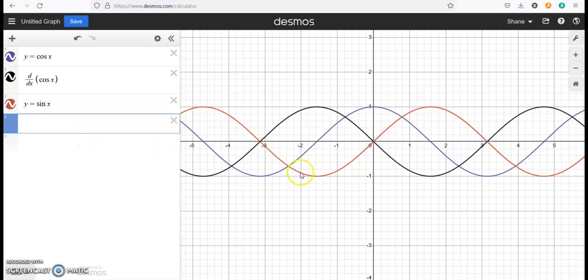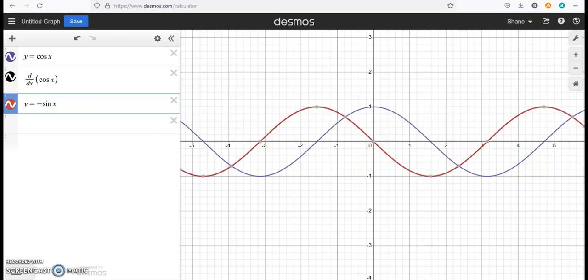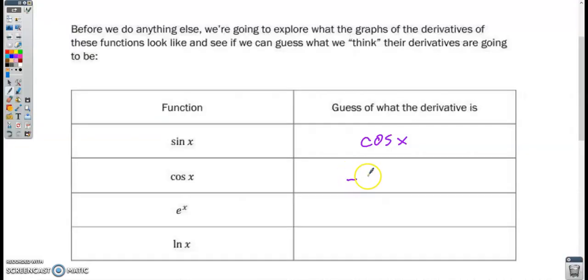But if we look at them, it looks like the black graph and the red graph are just mirror images of one another, flipped upside down. So I think if I just take the opposite of this sine of x, it's going to give me the same graph as the derivative of cosine. And if I put that minus sign in there, ba-bam. And so we think that the derivative of cosine is the opposite of the sine. So I'm going to put that in there as our guess.